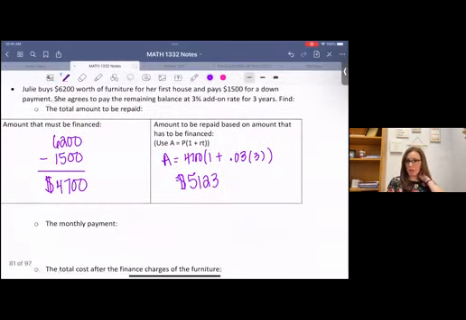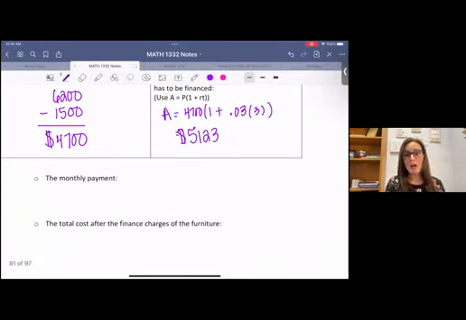The monthly payment is going to be, again, based off what was financed. So we know that she financed $4,700, but with the interest, it was $5,123. So they're going to take that amount and they're going to divide it up over the number of months that she's borrowing to figure out the monthly payment.